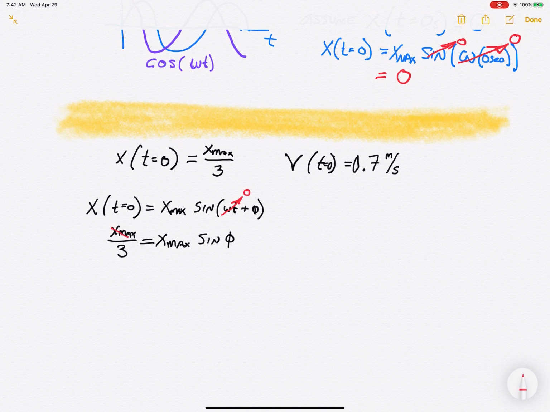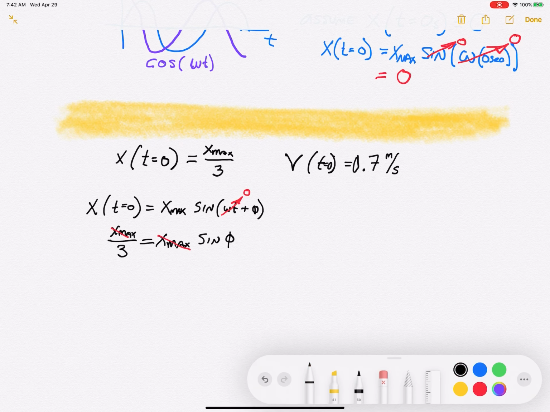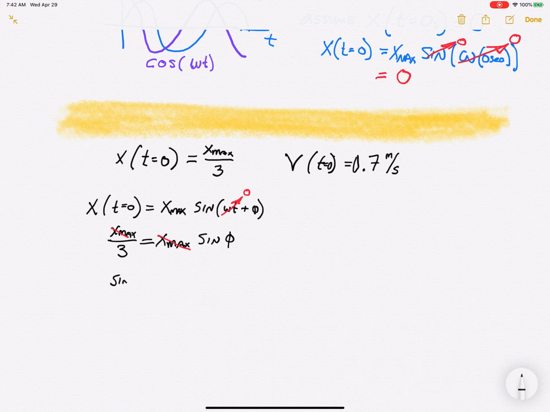So x max goes away, and we need to solve for phi when sine of phi equals 1/3. Make sure you're in radians first. Take this moment and get yourself over to radians in your calculator.